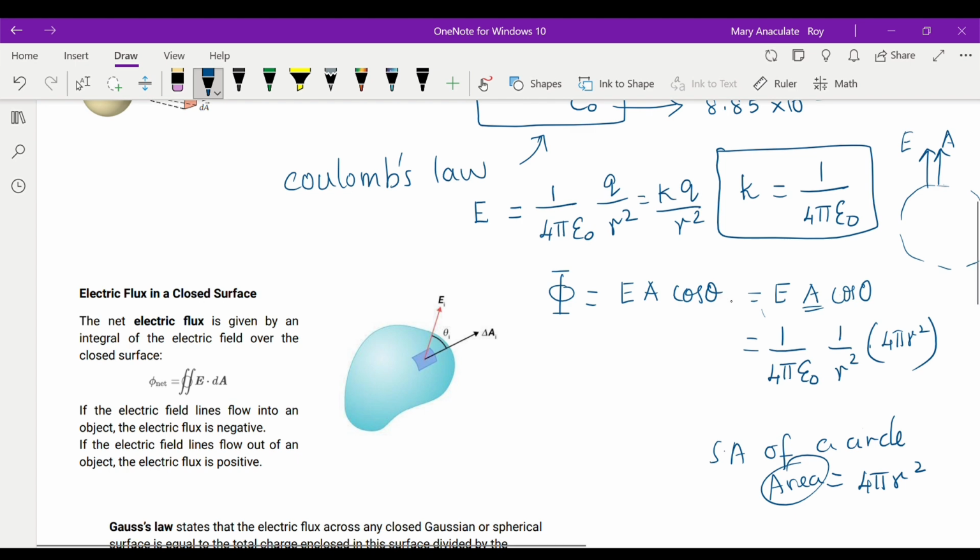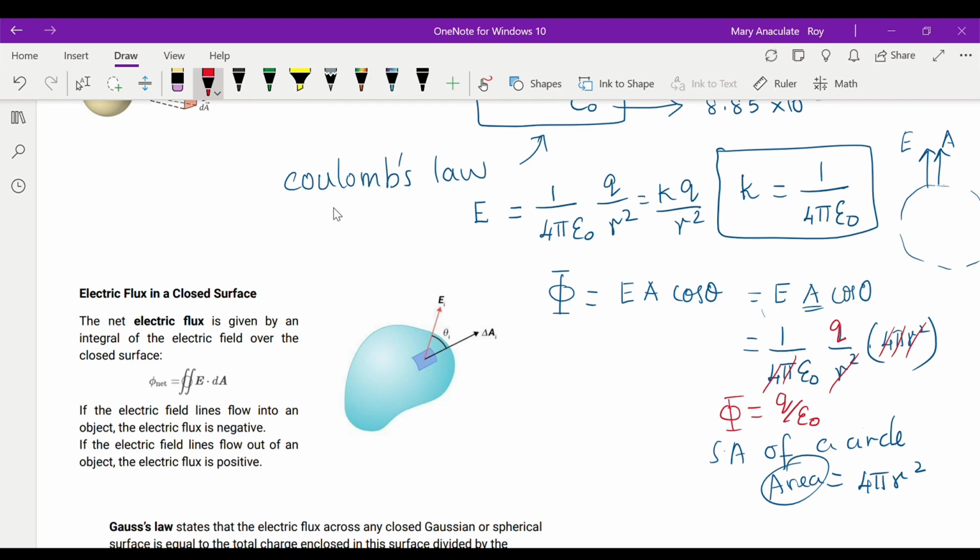Let's cancel out the common terms: 4 gets cancelled, pi gets cancelled, R square gets cancelled. Sorry, this is Q. All the other factors get cancelled and you end up with Q over epsilon naught.